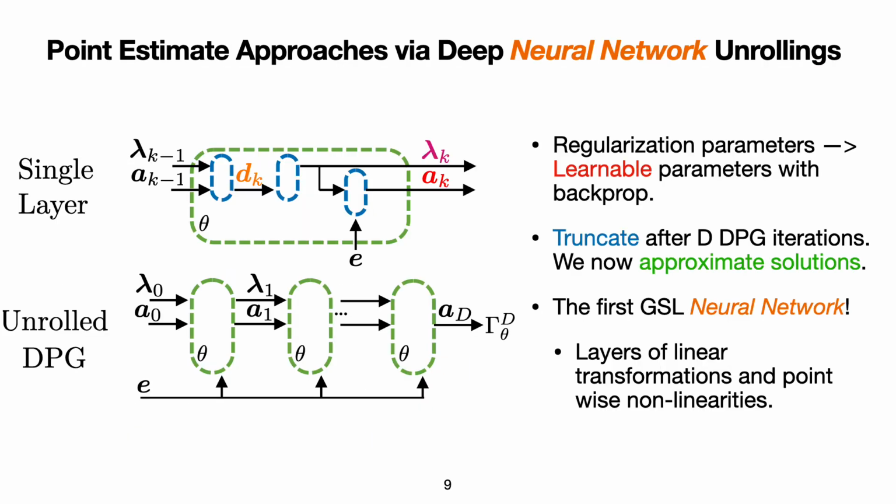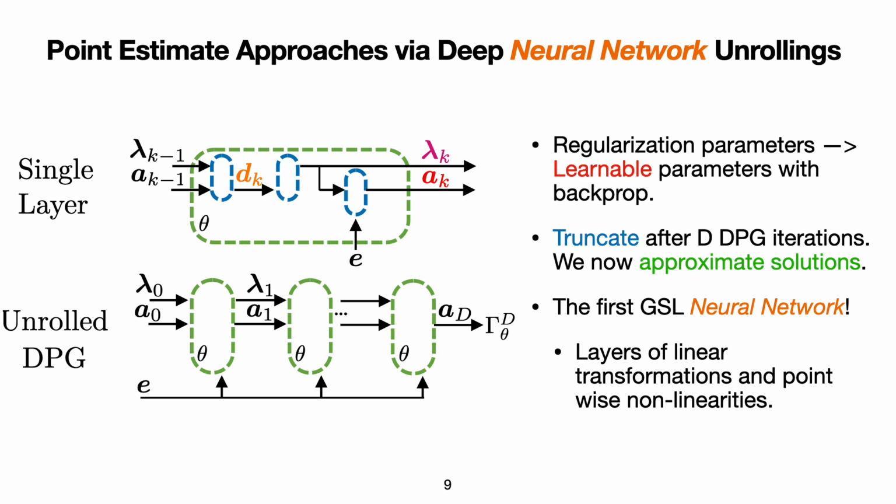So to produce this deep unrolling, we transform our regularization parameters to learnable parameters that we're going to learn with backpropagation on a data set, which we'll talk about in a moment. We truncate after D DPG iterations, and we now approximate solutions; we're not necessarily running to convergence. The output of this unrolled DPG network returns approximate solutions.